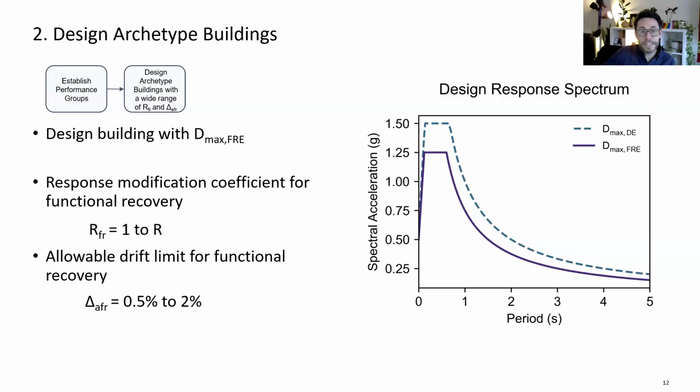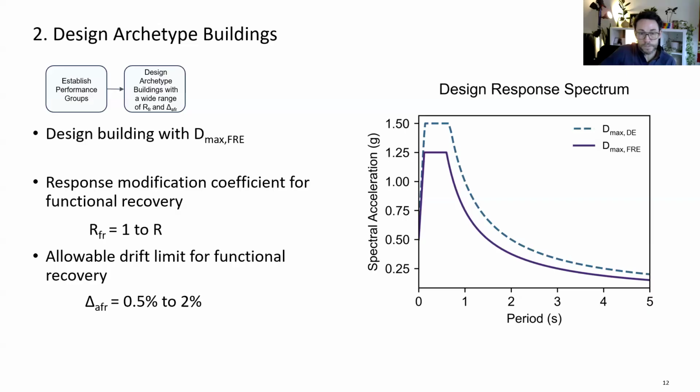When we compare the DMAX spectrum for functional recovery to that used in life safety design, you see that comparison in the image on the right. The Dmax for the design earthquake is 2/3 of the risk targeted maximum considered earthquake, and we can see that the Dmax for functional recovery is roughly 75 to 80% of what we use in life safety design. So we design all of the archetypes using this functional recovery design spectrum.